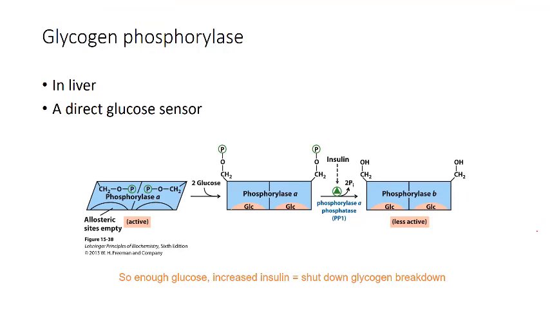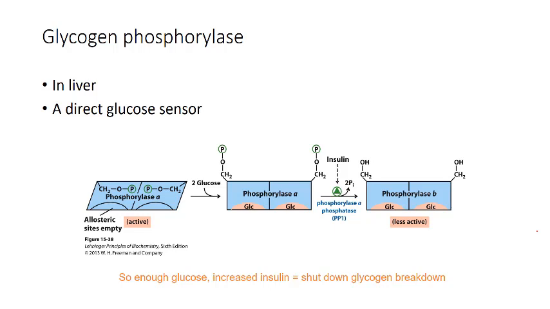Glycogen phosphorylase hangs out in our liver, but it's also regulated by the concentration of glucose. If we have a lot of glucose, we don't need to break down glycogen. We're fine. We don't need to worry about sending more glucose into the bloodstream because we already have plenty around. I like this drawing because it shows that when the glycogen phosphorylase is activated and phosphorylated, the phosphates are curled up inside it.